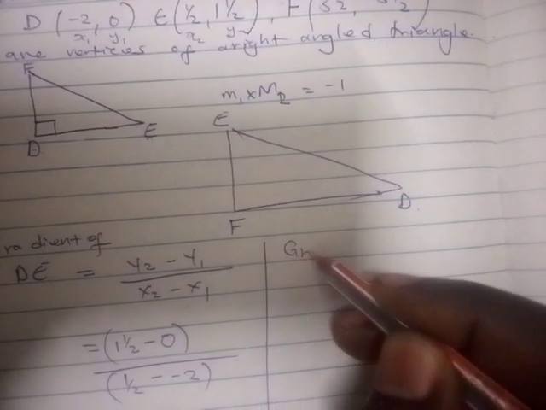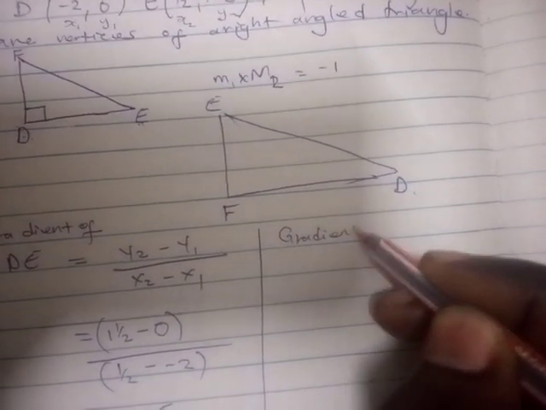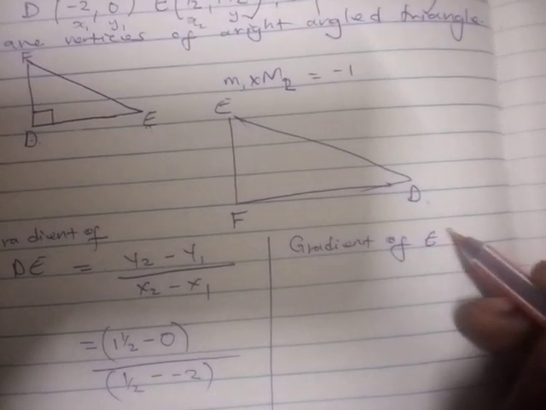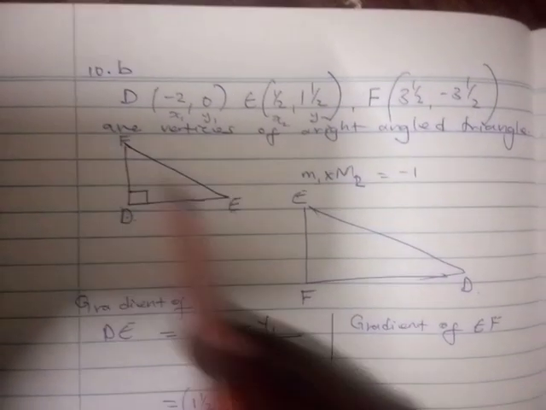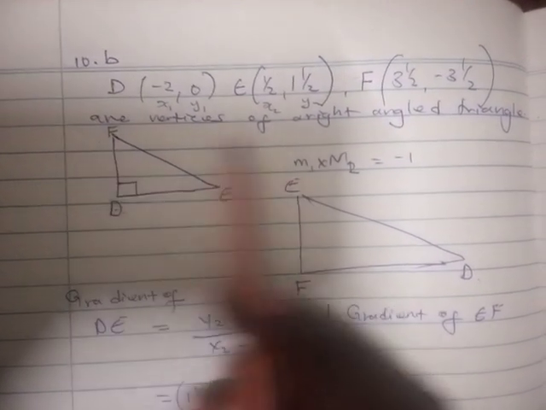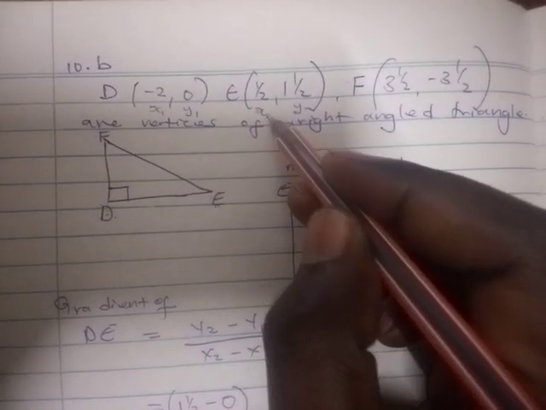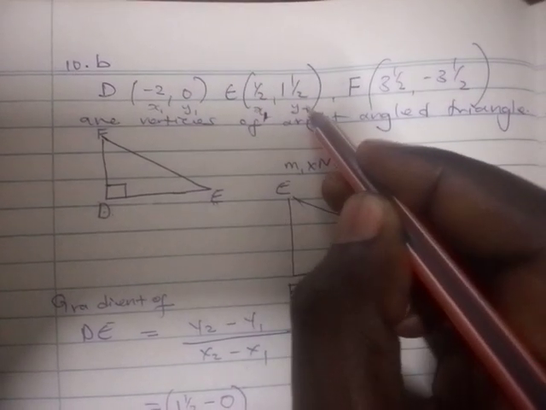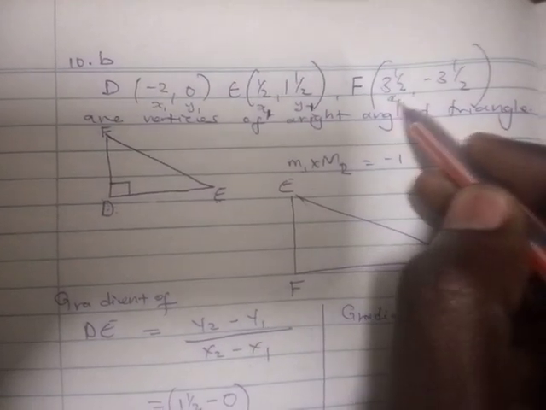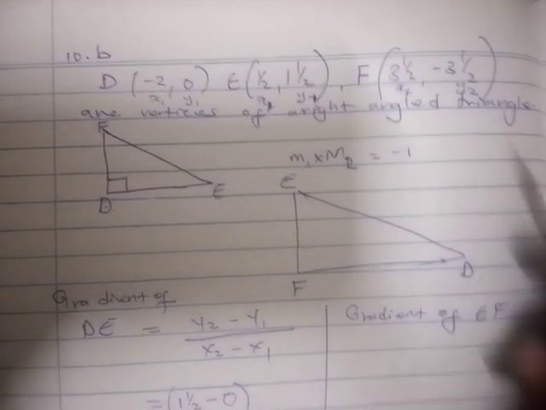So when you say gradient of EF, you have the points E and F, not so? When I have EF, this one will be x1, y1, x2, y2.